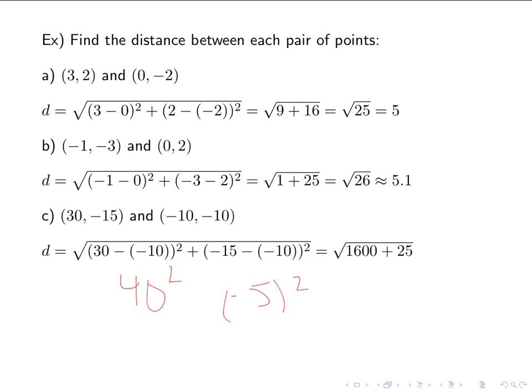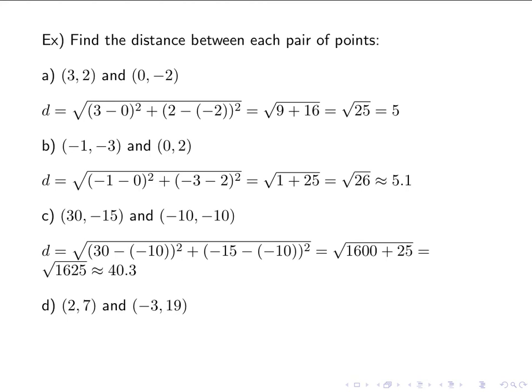And -5 squared is our 25. That's a positive. So we get the square root of 1625. Again, that's not a perfect square, so we're just going to round to the nearest tenth. And we get it's roughly 40.3.